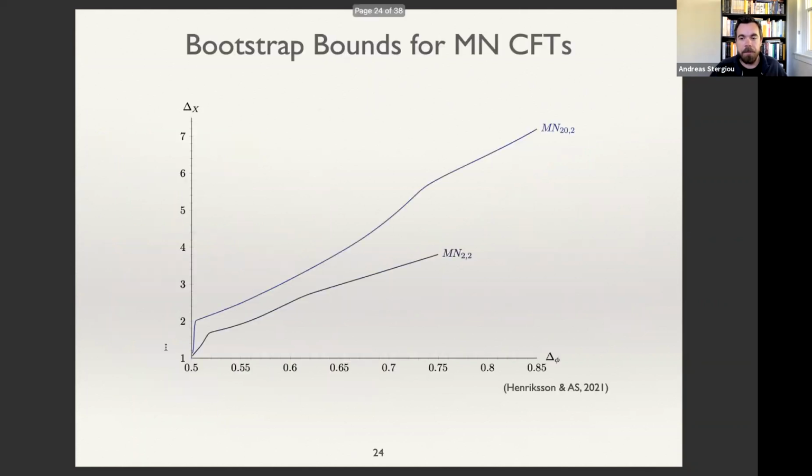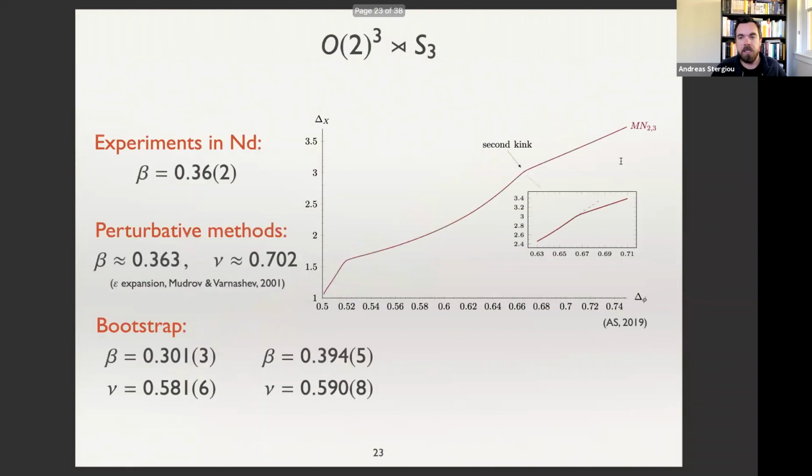But recently, we did some further studies of these theories with Johan. And we found that these second kinks persist at larger m. So you take the 2,2 theory, there was this mild kink. In the previous slide, I didn't change m, I changed n. I went to the 2,3 theory.